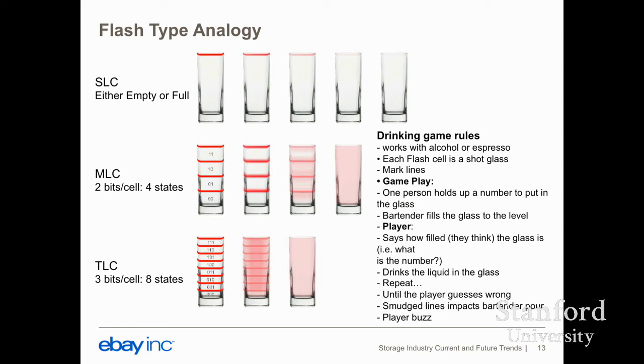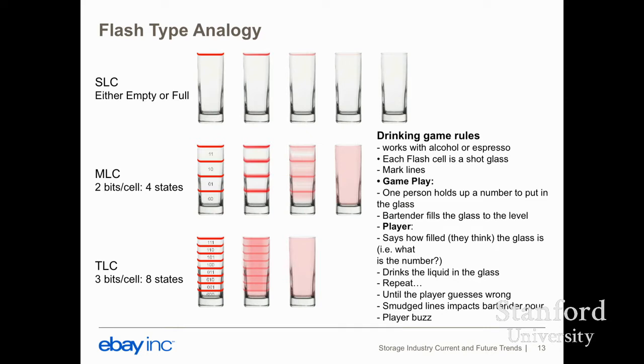When we look at SLC, which is a single bit per cell, MLC, dual, and TLC, which is 3 bits, think of it as a drinking game. Someone says to a bartender, hey, I want 2 bits in my MLC, and they fill it up. If you look at it and guess right, you take the shot.